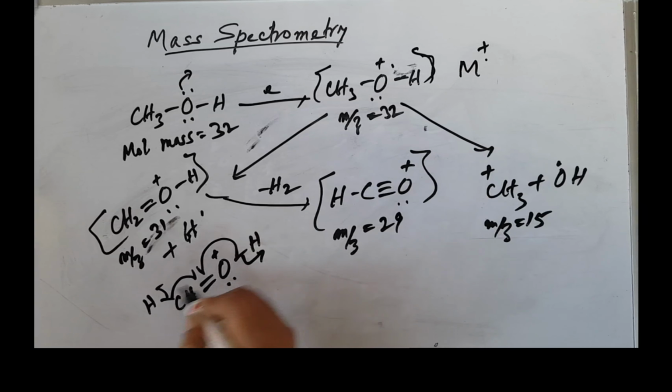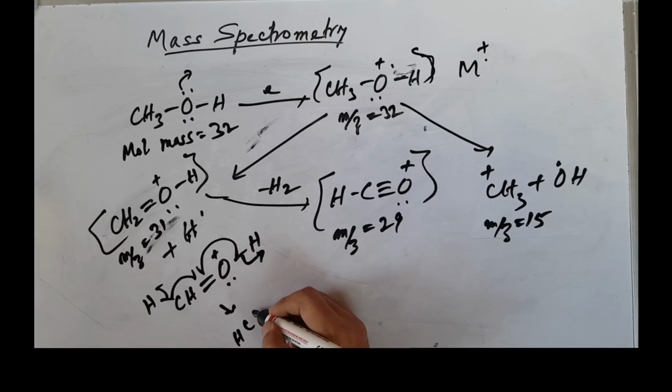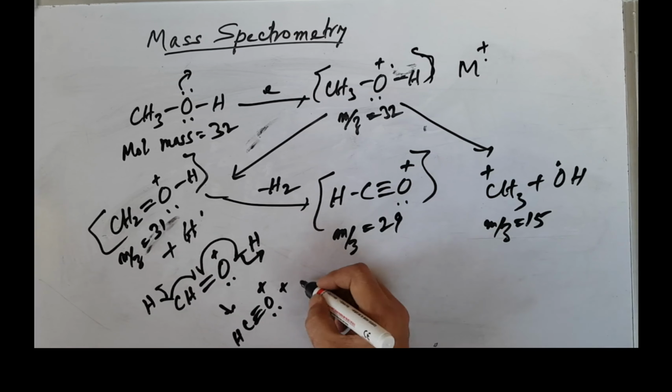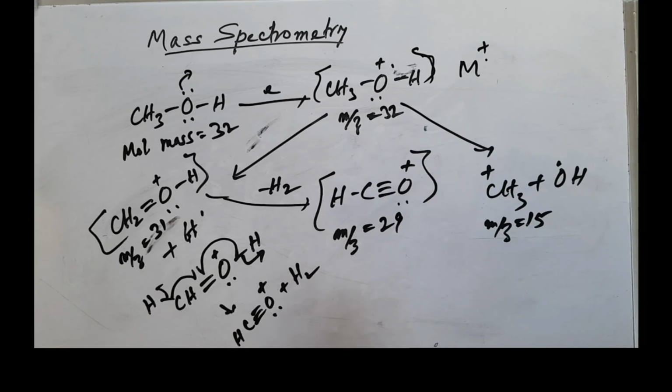These two hydrogen radicals combine together, and you get this molecule. So it is formed like this. I'm giving the mechanism of how it is formed, and there we got another fragment ion.